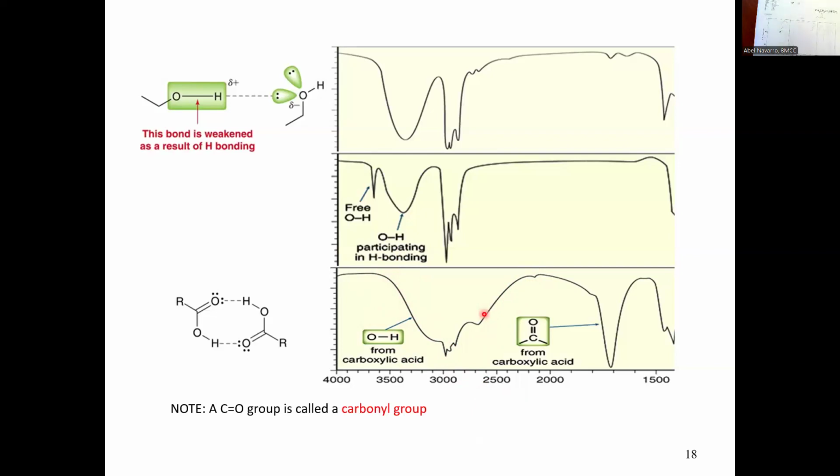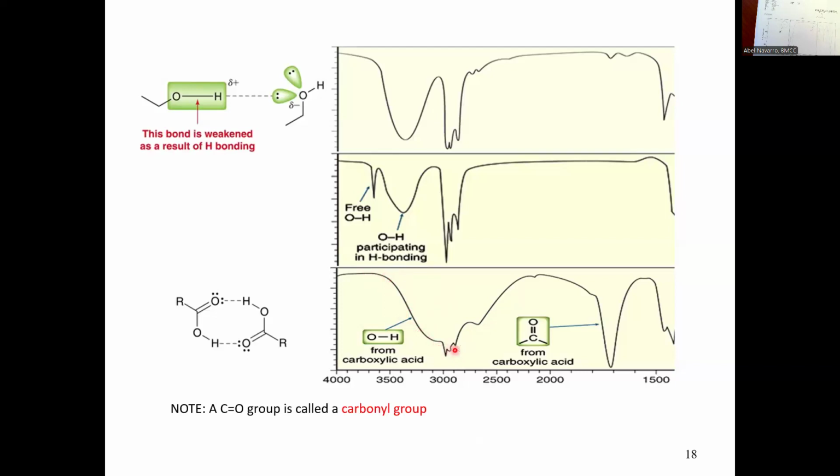Now, the bad thing is that sometimes the OHs also overlap with some other important groups. What do you mean, Professor? Let's say that here you have a CHSP2. CHSP2s are expected to show up right here. I missed it. Why? Because the OH is so broad that I might lose it. What if I have an NH inside? You might, but you cannot see it. Why?